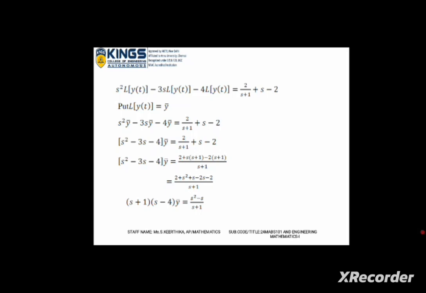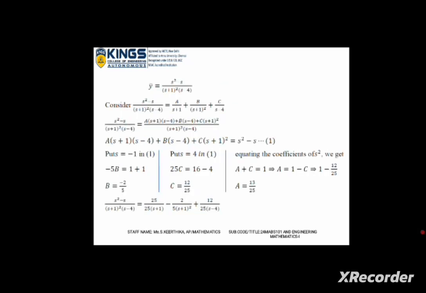Then s squared is only one term, but s has two terms: s minus 2s is minus s. Then 2 minus 2 is 0. Now y bar equal to s squared minus s by s plus 1. Then s plus 1 and s minus 4 go to the denominator on the right side. So finally we get y bar equal to s squared minus s by s plus 1 the whole squared into s minus 4.